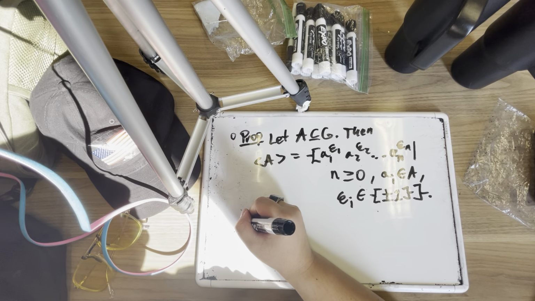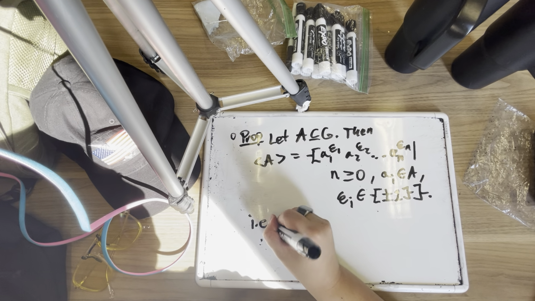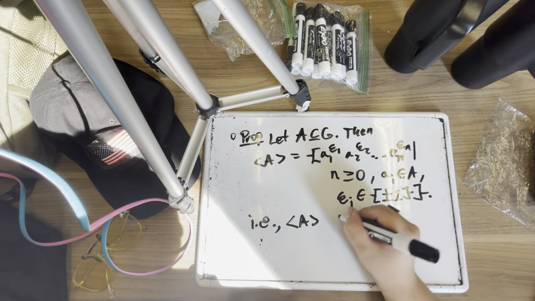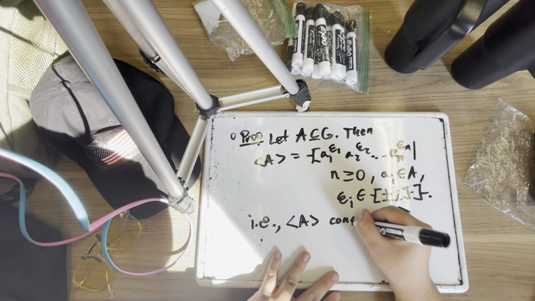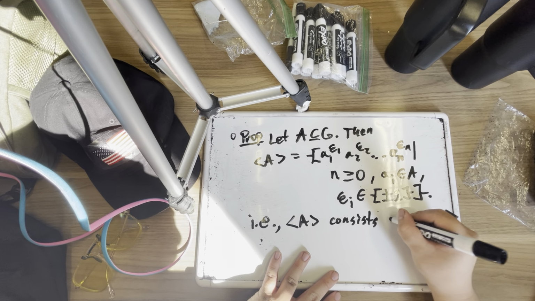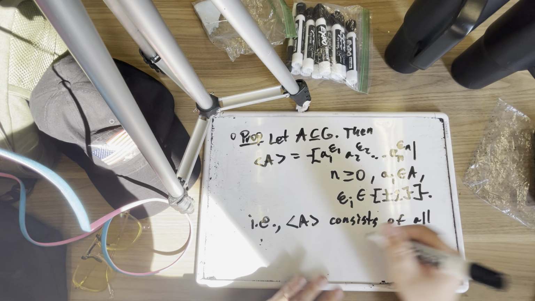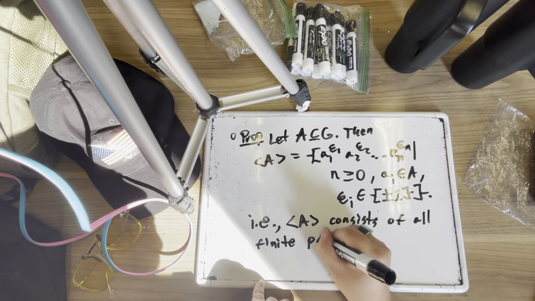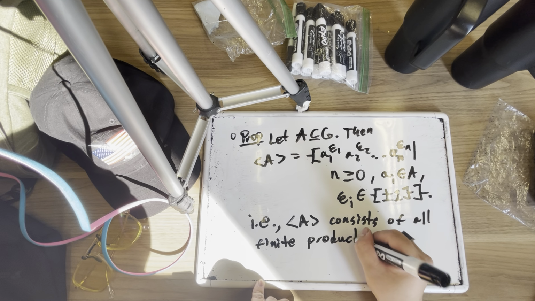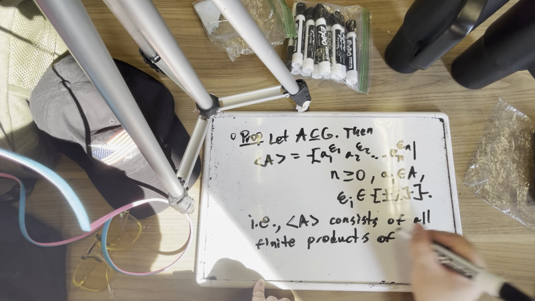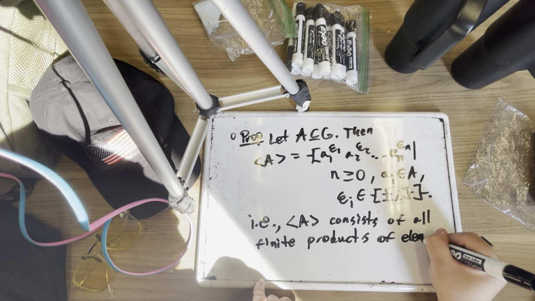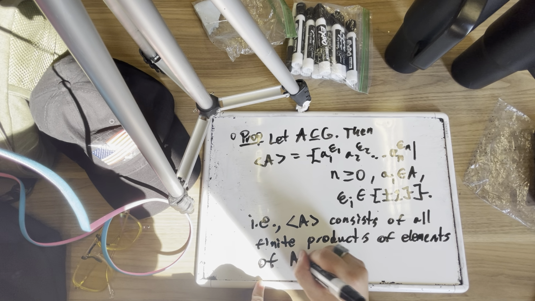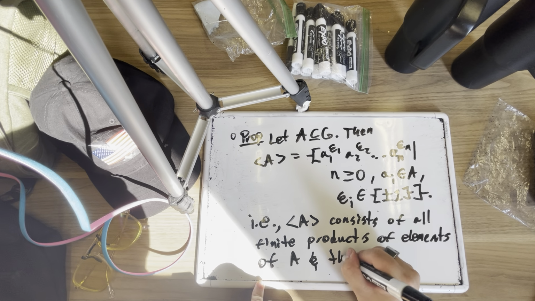So, in other words, i.e., the group generated by A consists of all finite products of elements of the set A and their inverses.